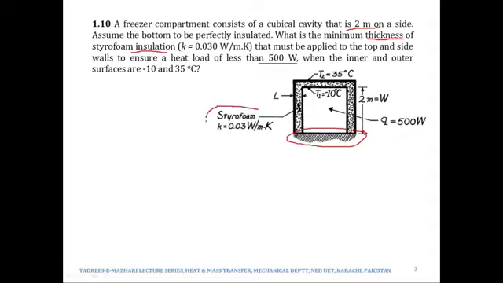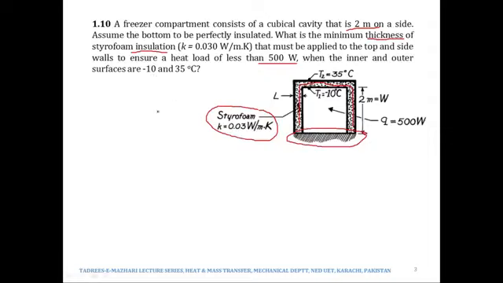Over here it is shown that the walls are insulated with the styrofoam insulation, right? And there are 5 such walls. So we need to find out its thickness. If the inner and outer surfaces are at -10 degrees Celsius and 35 degrees Celsius respectively, so inside the freezer the temperature is -10 degrees Celsius, whereas outside it is 35 degrees Celsius.